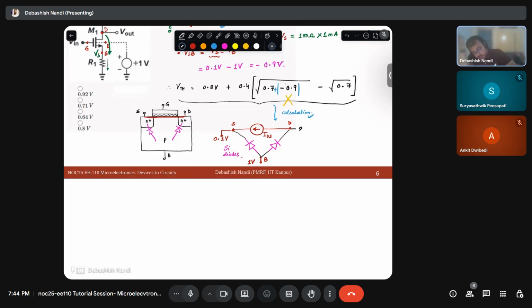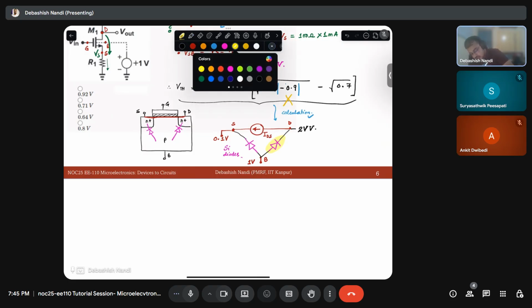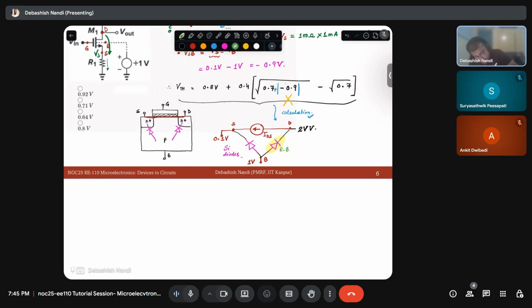So let's say this is 2 volt. What is the condition on this diode? Is it forward biased or reverse biased? The drain to body diode? Reverse biased. Reverse bias, very minute current, no worry.